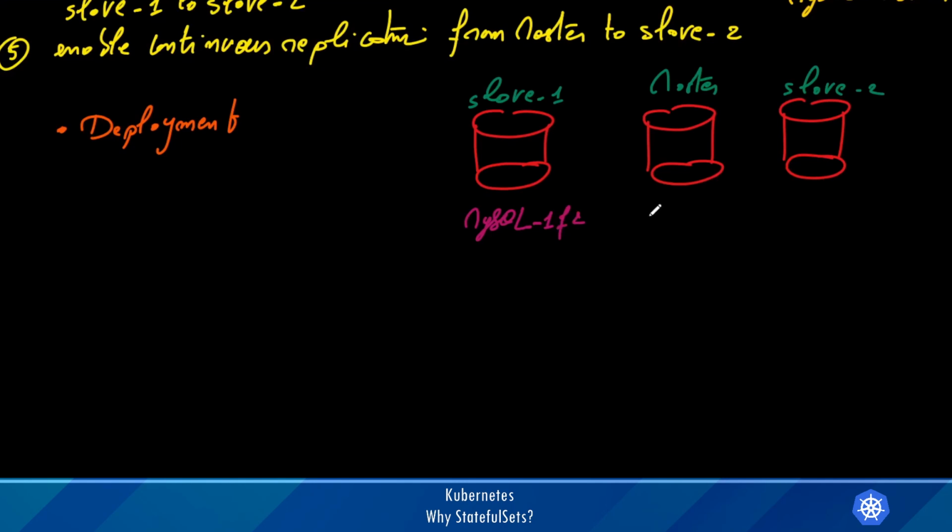The same for the second one, and the same thing for slave 2. So a random name will be assigned to each pod. And to enable the continuous replication, we have to tell the slaves where the master is. For that, we will use the name of the pod where the master is.